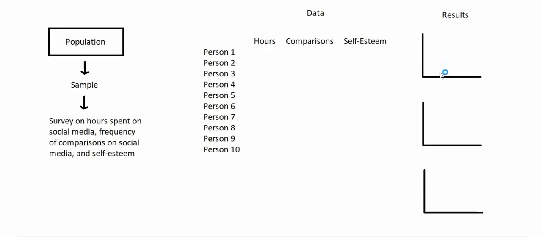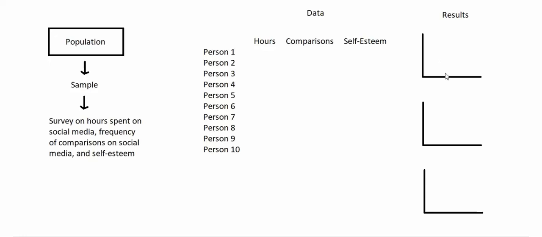So a researcher could create one scatter plot for hours on social media and number of social comparisons, and one variable would be on the x and the other one on the y. Visually speaking, it actually doesn't matter which one goes on x and which one goes on y because you'll still see the same correlation either way.